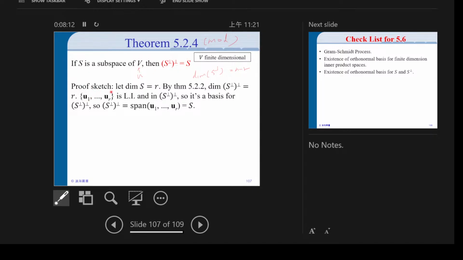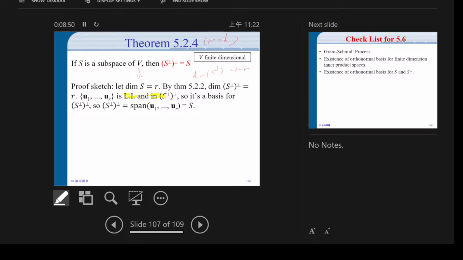Okay. And now we just need to look at the orthogonal basis for S. Suppose we have U1 to UR, that's the orthogonal basis for S. Then we just need to say it's also a basis for S perpendicular. First, every one of them will be linearly independent because it's a basis, and it's also inside S perpendicular because obviously every one of them is perpendicular to things in its perpendicular.